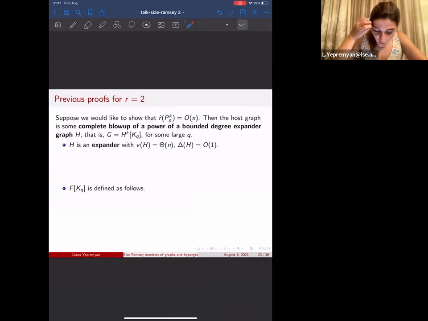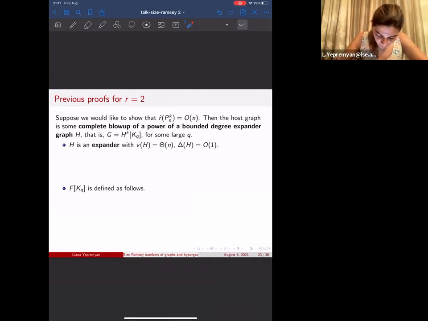In this case, the host graph is a complete blow up of some power of a bounded degree expander graph. I mentioned a few things here, so I need to explain, first of all, what I mean by saying H is an expander.